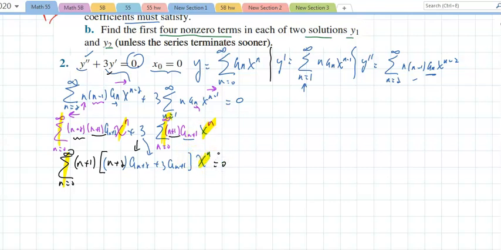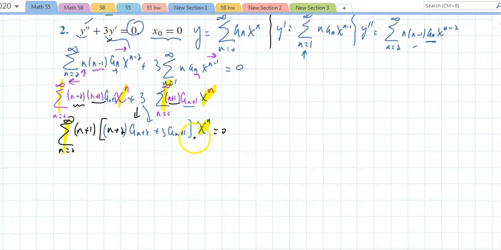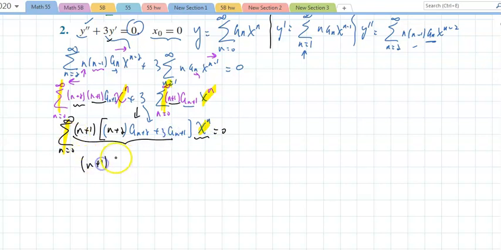So what I'm trying to do, I'm trying to figure out how this is going to work. If you say x equals 0, we all know that. It must be that n plus 1 times n plus 2 into a sub n plus 2 plus 3 a sub n plus 1 equal to 0. So n plus 1 equals 0.